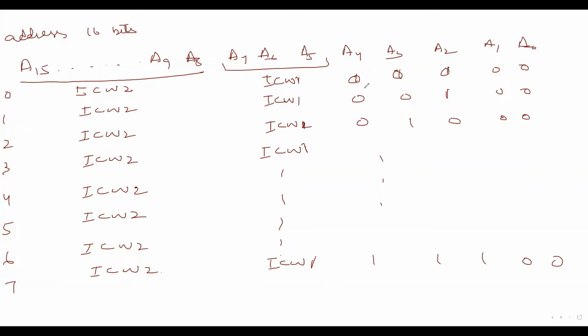But remember that this is when the interval is 4. When the interval is 8, there is some difference. The difference is that this will be 0, 0, 0, 0, 0, and this one will be 0, 0, 0, 0.